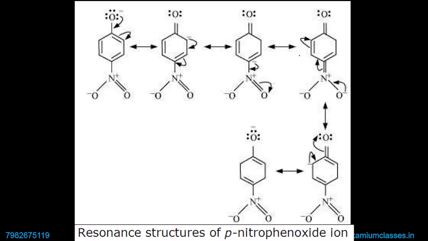Now this is in case we have nitrophenol. So in case of para-nitrophenol, these will be the resonating structures. Now it is almost similar. The only point here is that there is resonance within NO2 also.